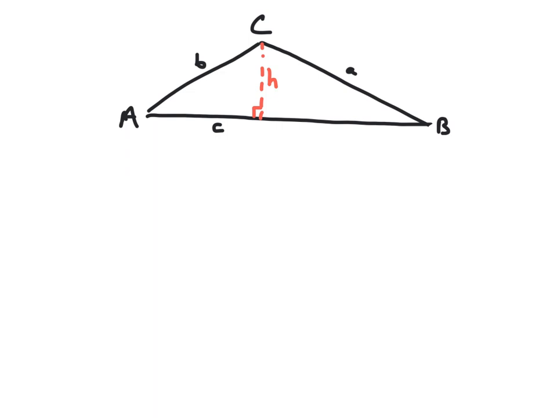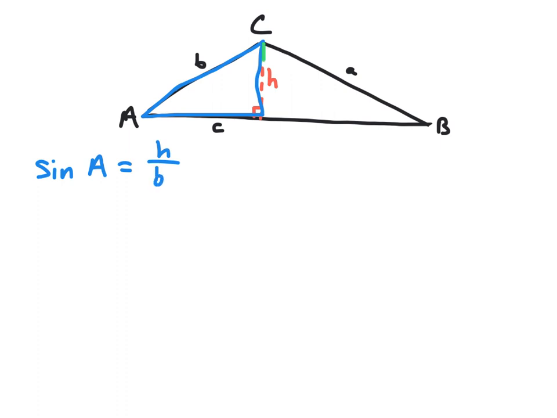Now, if I focus on this triangle here, this is a right triangle. It has angles A, part of angle C, and then the right angle down at the base of our triangle. And we can see from that blue triangle that the sine of angle A is going to be the opposite side length, which is the height h, over the hypotenuse, which is b.